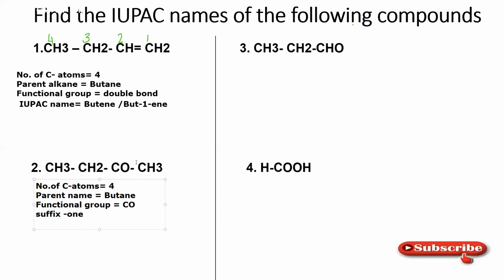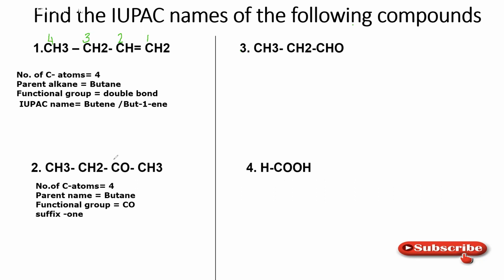Now, what is the next step? We have to find out on which carbon atom the functional group is present. That carbon atom should get the least number. So we have to number the carbon atoms. If I start from left to right, 1, 2, 3, the C=O will get number 3.